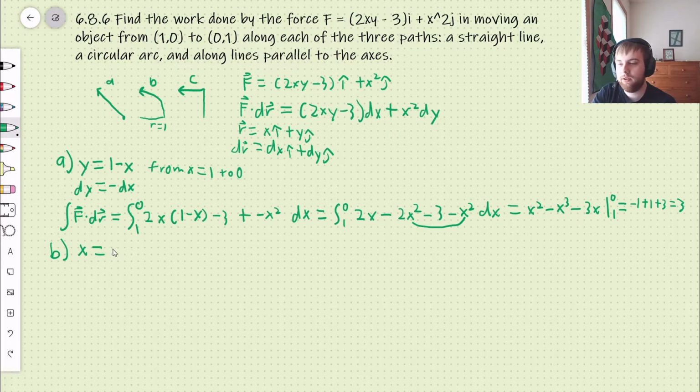So we'll do this transformation: x equals cosine theta, y equals sine theta, and we're going to have to get dx and dy also. dx equals negative sine theta d theta, and dy equals cosine theta d theta. And remember to keep the d thetas around too, because it is technically required by the chain rule.